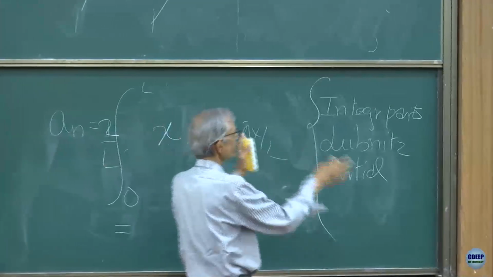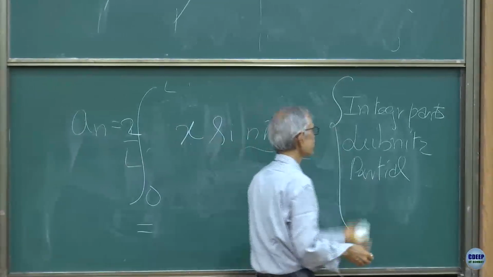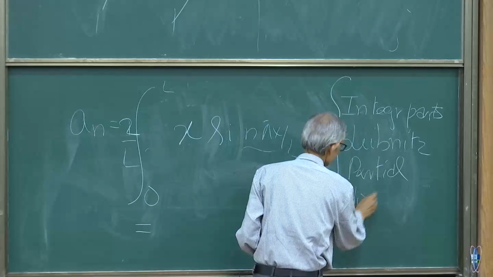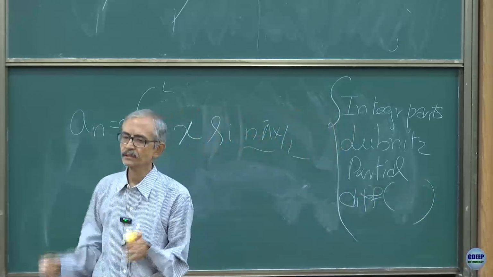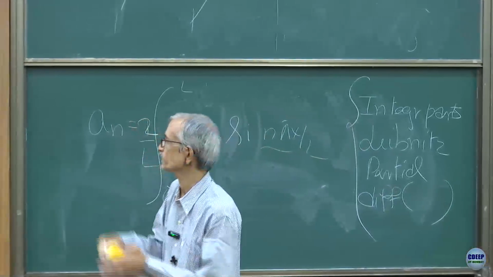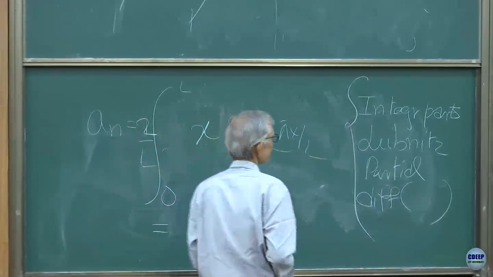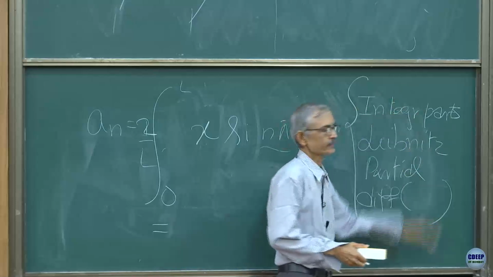So all of these have not been done. And maybe differentiation of a product, which some of you had trouble with. So these things have not been formally done, but from your earlier calculus course, these are expected from you.